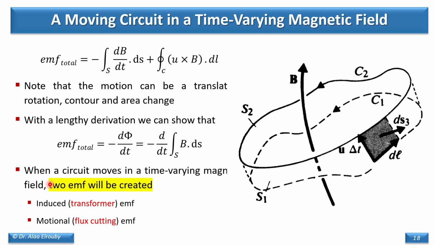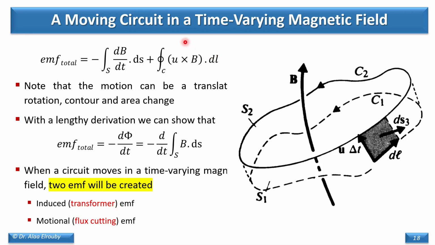Let us talk about the general condition where we have a moving conductor as well as a time varying magnetic field. In this case, the time varying magnetic field will generate EMF, and this is called induced or transformer EMF.